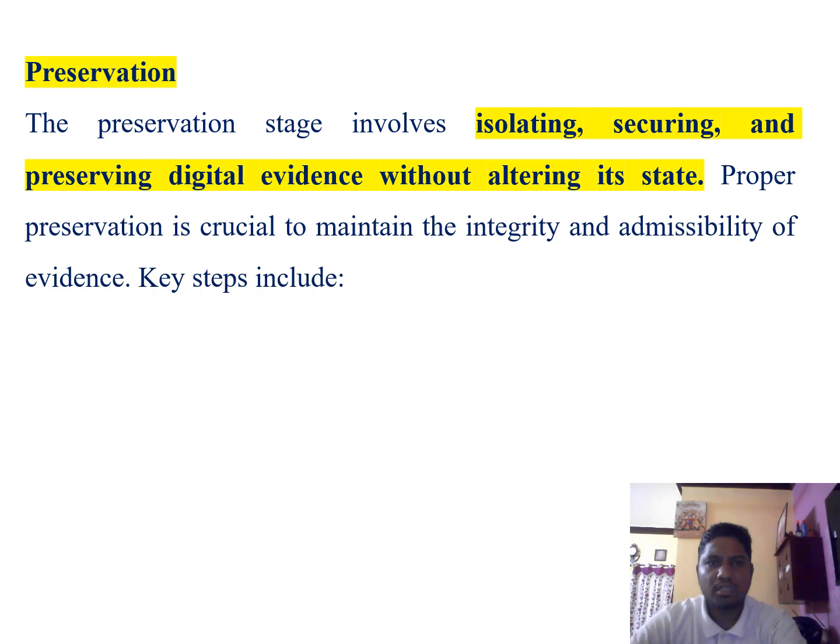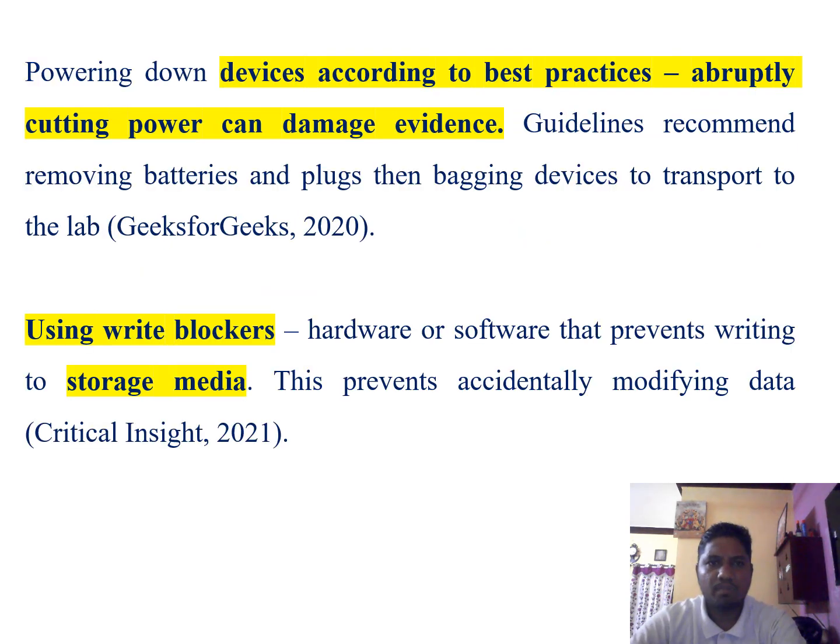Preservation. The preservation stage involves isolating, securing and preserving digital evidence without altering its state. Proper preservation is essential to maintain the integrity and admissibility of the evidence. Key steps include powering down the evidence according to best practice, not abruptly cutting power, which could damage evidence.